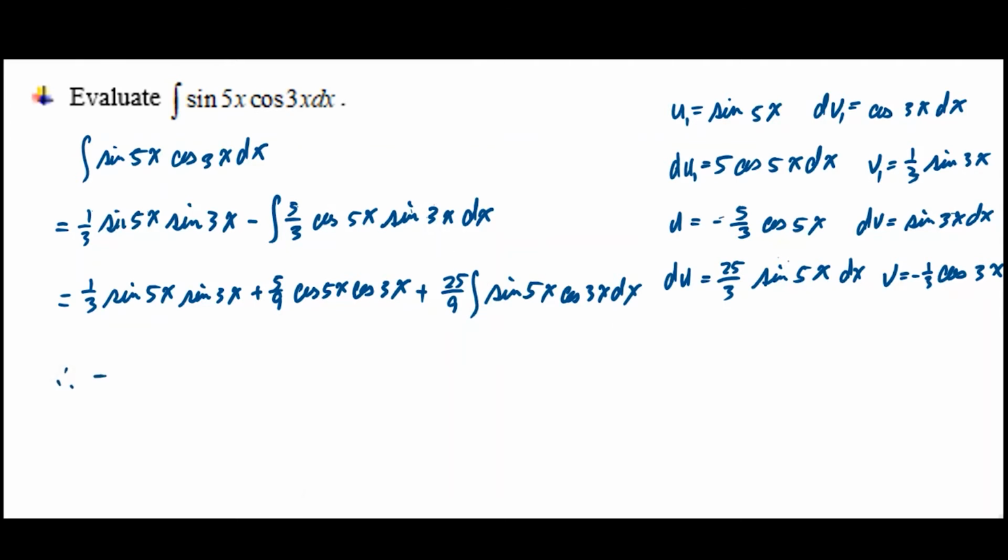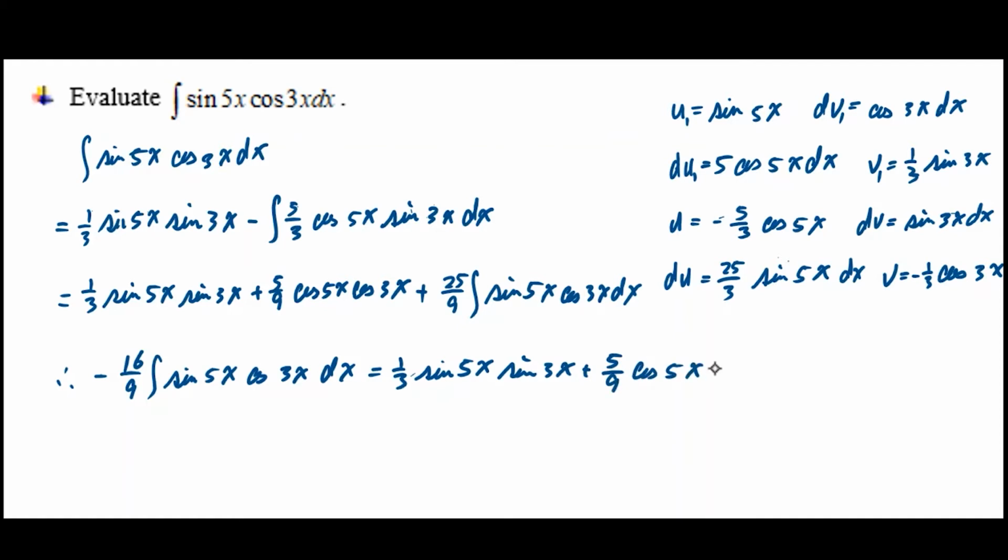So therefore, negative 16/9 times the integral of sine 5x cosine 3x dx is equal to 1/3 sine 5x sine 3x plus 5/9 cosine 5x and cosine 3x, and then plus c. You with me?